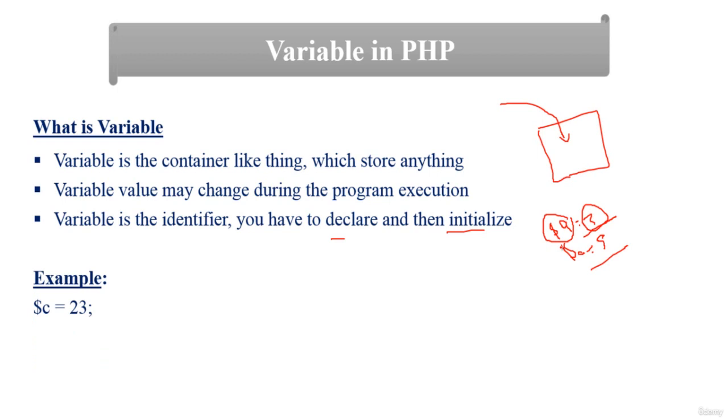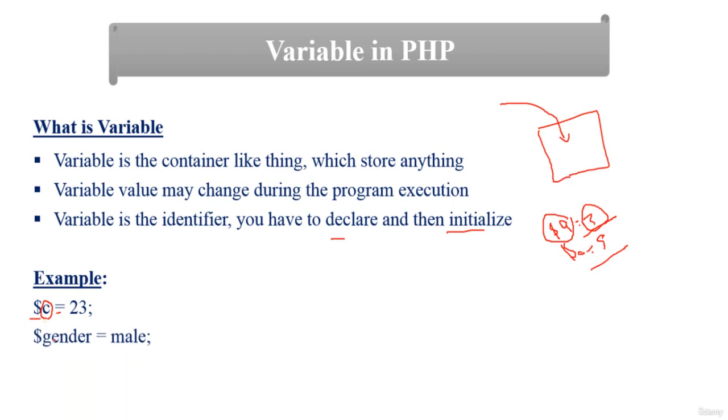So you can see that there are different examples of variables. To start a variable, you have to put a dollar sign and then the variable name. This is user defined, and the equal sign is the assignment operator. 23 is a value that is stored in the variable, and put a semicolon at the end. So this is a method to declare and initialize a variable.